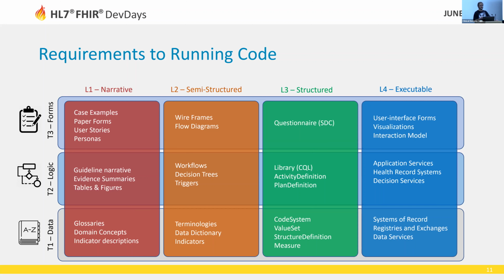L4 in executable is a running application on your phone that's showing you a rendered form. What we focus on in CPG is these L3 structured artifacts, and how you represent the L3 in a platform independent way, ideally to streamline getting applications developed that take you all the way to L4.